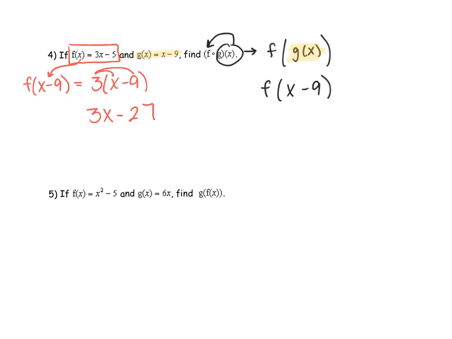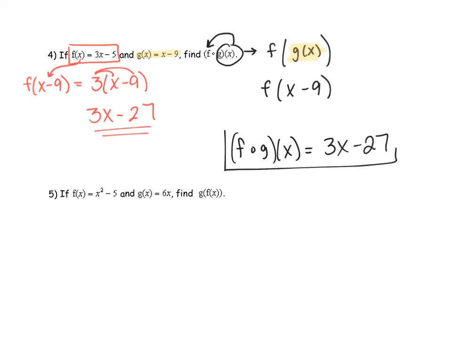So that is your final answer. So if you want to write it nice, f of g of x is equal to 3x minus 27. That was the original function here, what I wanted to find, and this is my final answer.